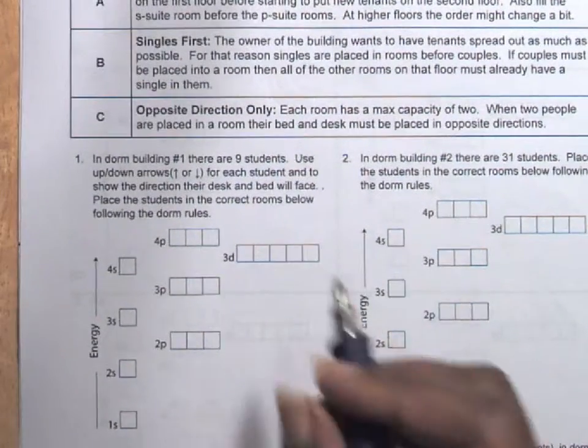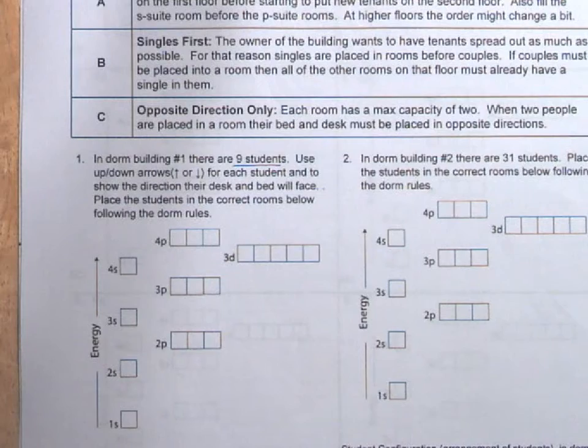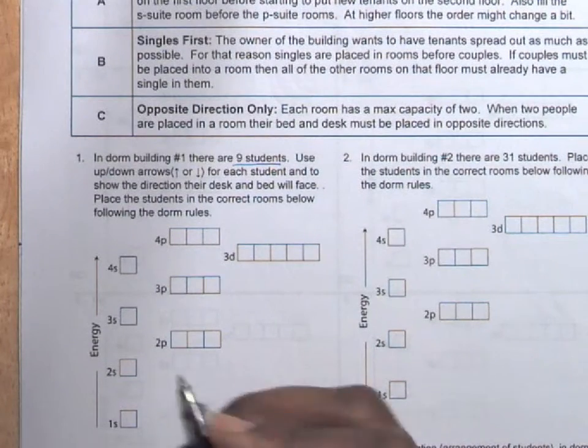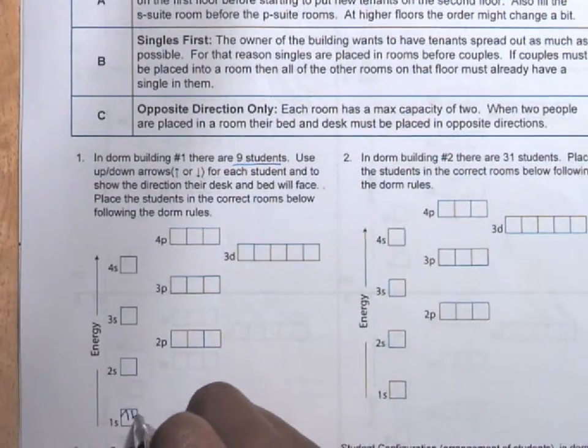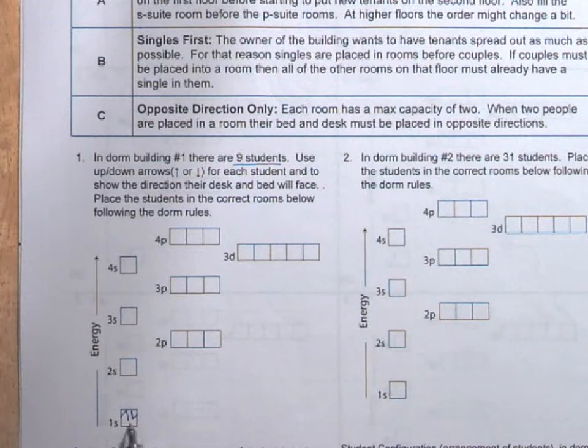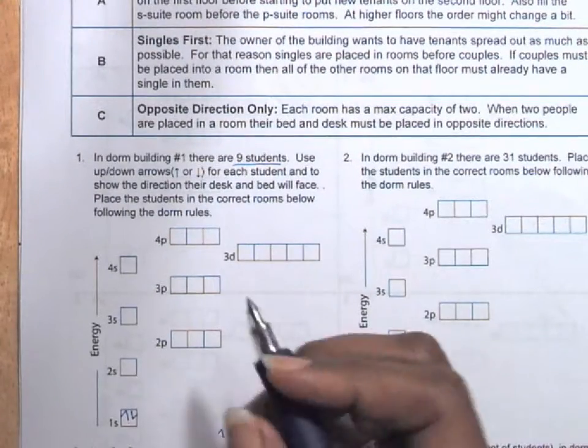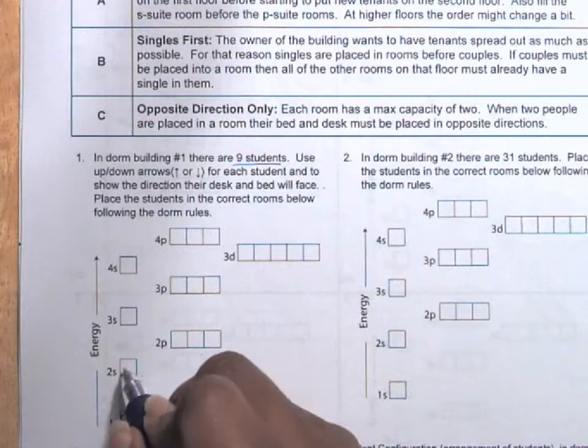All right, so this first example, you had 9 students. We're filling bottom to the top, so you should have something that looks like this. My first 2 I put there. And these are abbreviated arrows. So when I draw an arrow, I oftentimes draw it like that instead of like this, just so you know, okay? So up and down. So that's 9. I start with 9. I use 2, so that's 7.